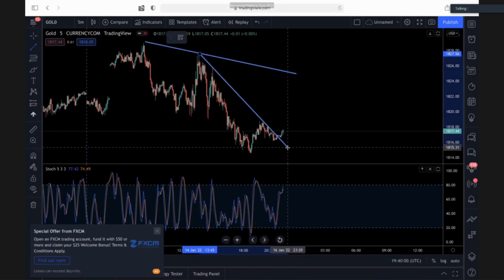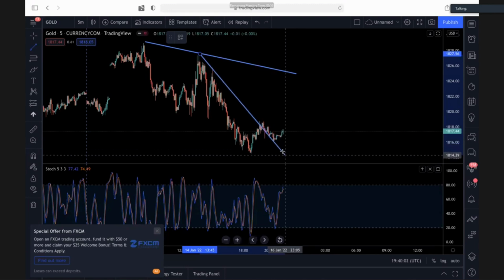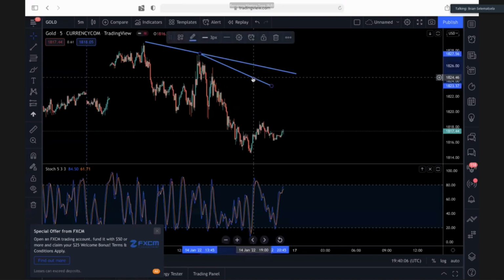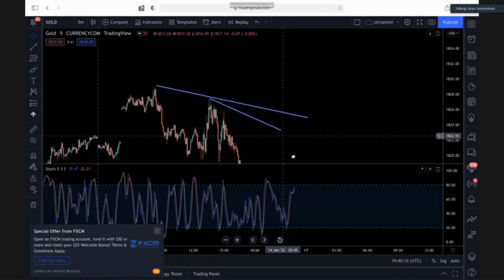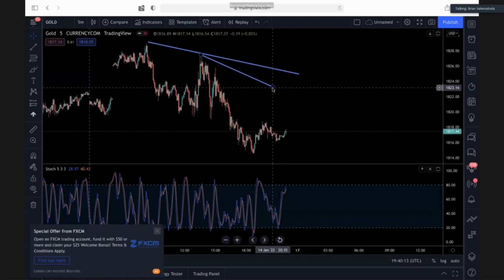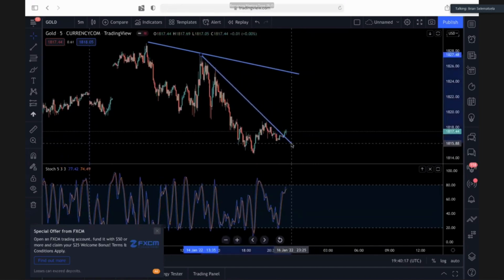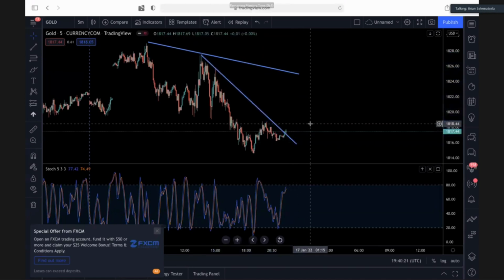Let me see. Drawing. Okay, on this line the first layer has already been broken. Has it? Yeah, it has.